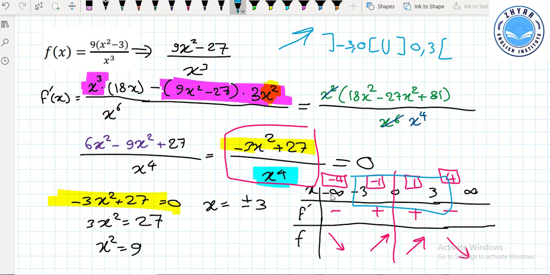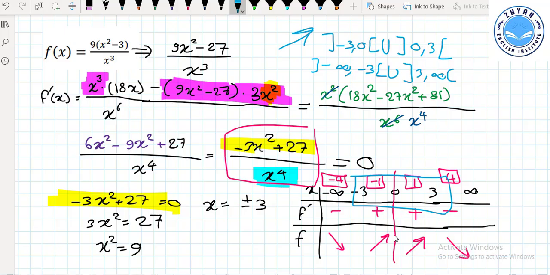Intervals of decreasing are from -infinity until -3, union with another interval of decreasing from 3 until infinity. Now I found all the intervals of increasing and decreasing.